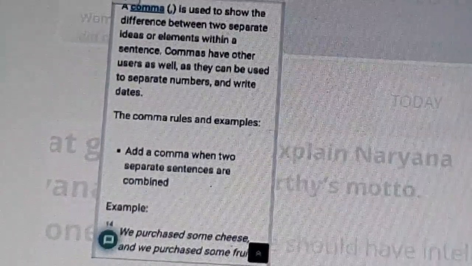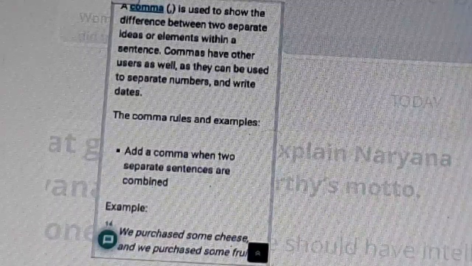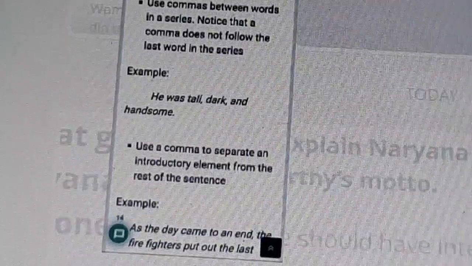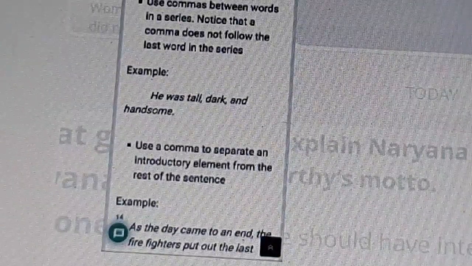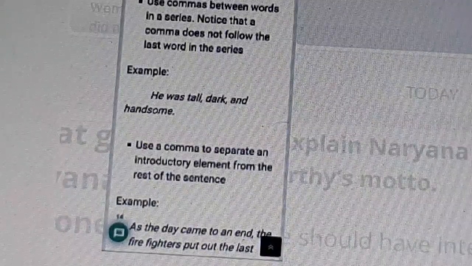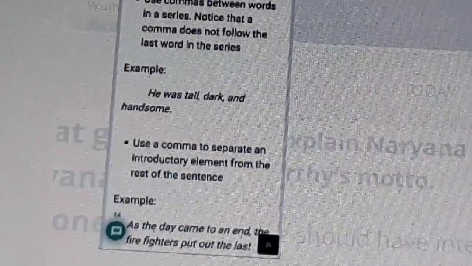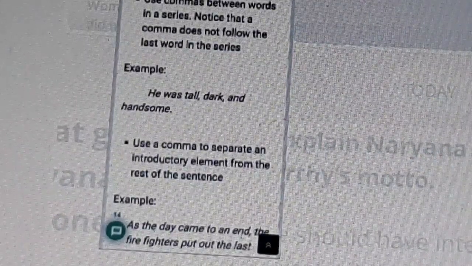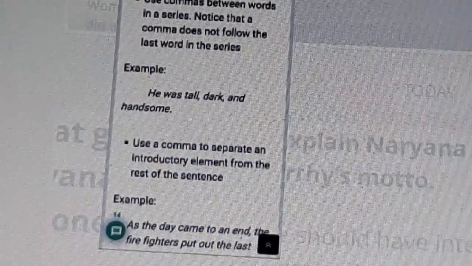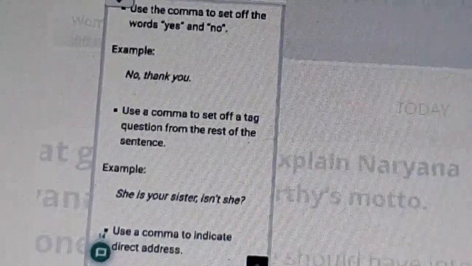Add a comma when two separate sentences or words are combined. Use commas between words in a series. Notice that a comma does not follow the last word in the series. We put commas for all the separate words, but before the last word we put "and" only, and we do not put a comma there.